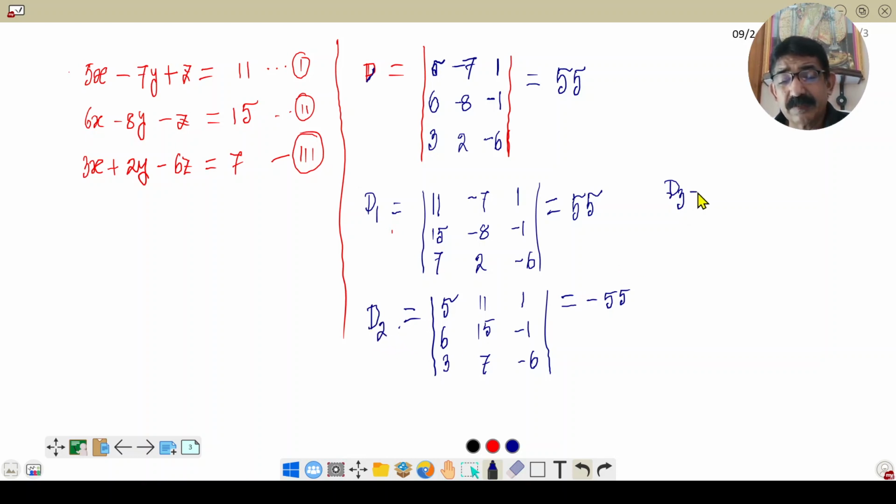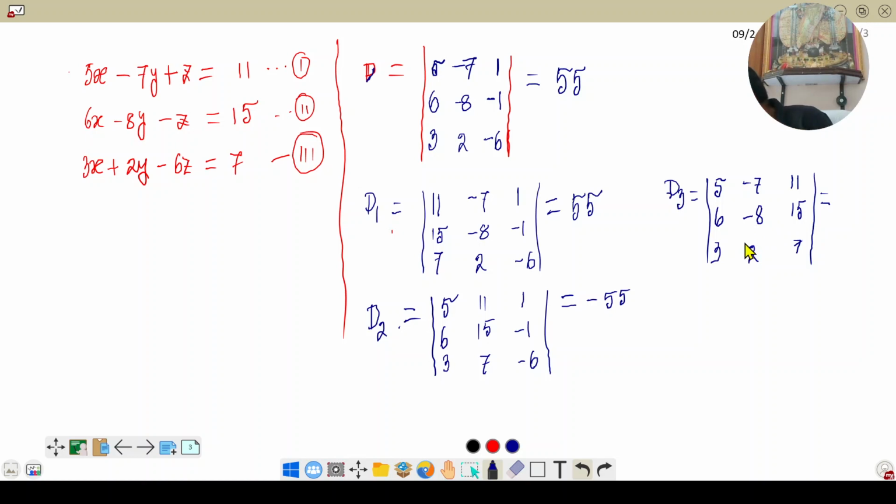D3 is equal to like this 5, 6, 3, then minus 7, minus 8, and 2, and this third column will be replaced by 11, 15, and 7. This will give you, it is also minus 55.